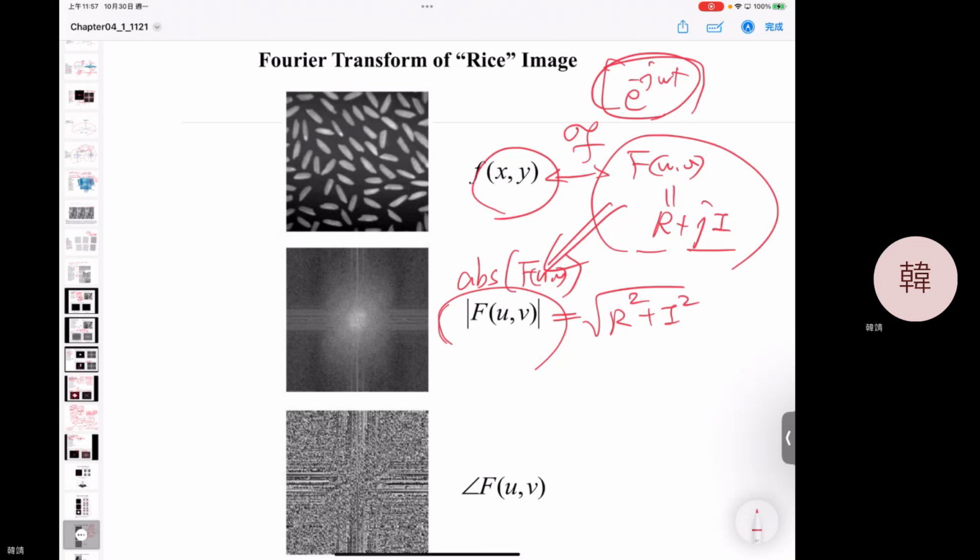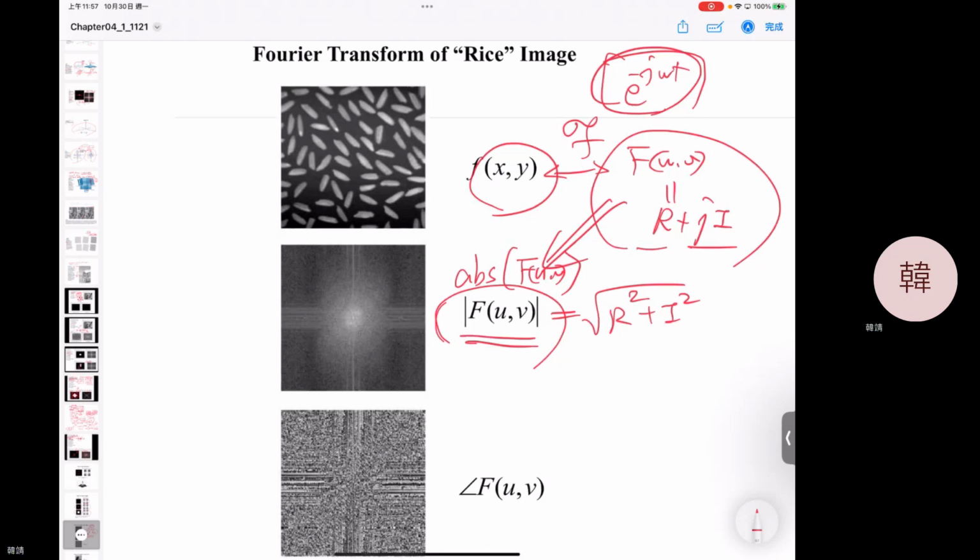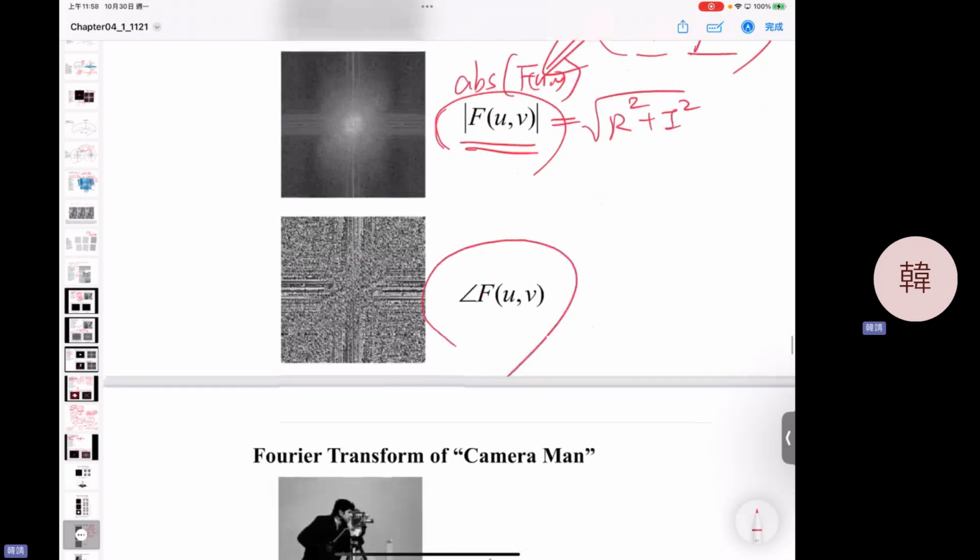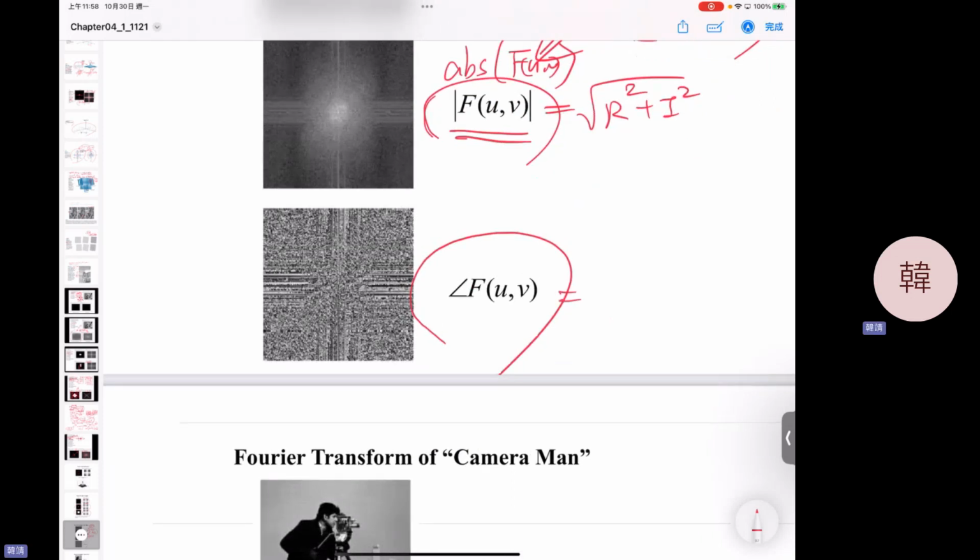You get the amplitude spectrum. So how can you see your phase spectrum? Immediately you know it's the arctangent of imaginary part I(u,v) divided by real part R(u,v). Your imaginary part pixel divided by real part pixel, and you get the phase spectrum.